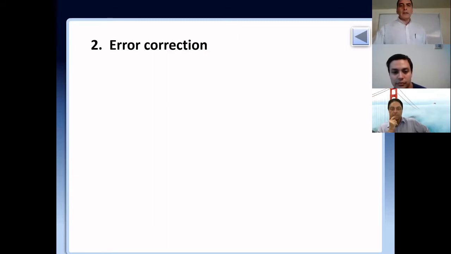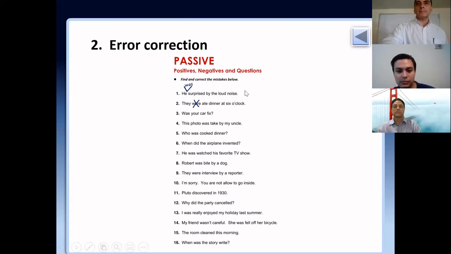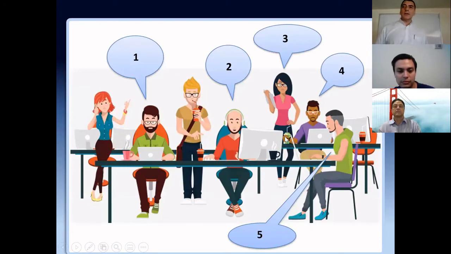And a sting in the tail, of course, is that they then have to correct it. So an example is this. Each of those sentences has some kind of error, and the students have to find it. Good. So error correction there.